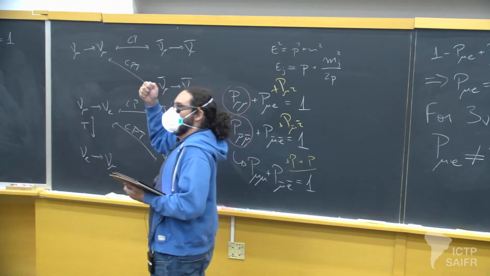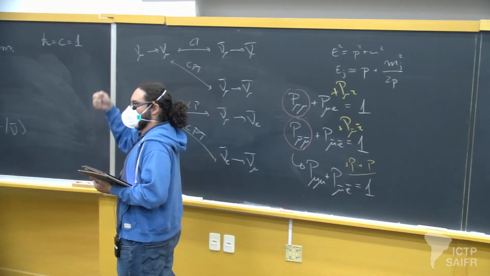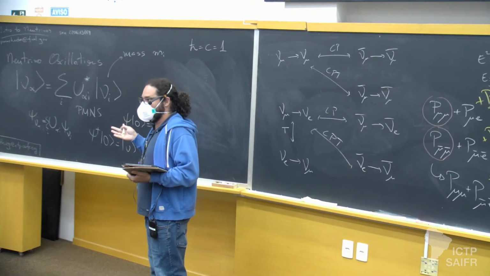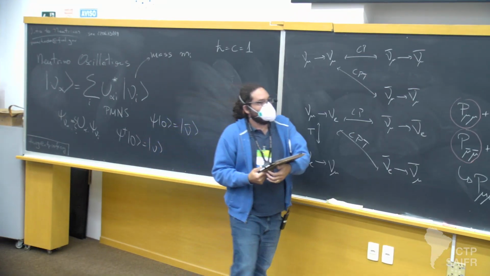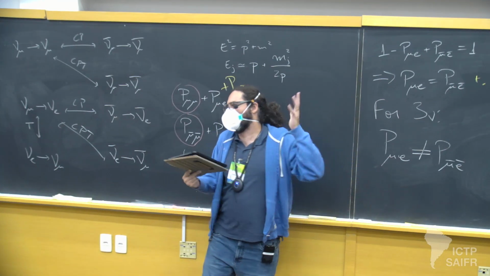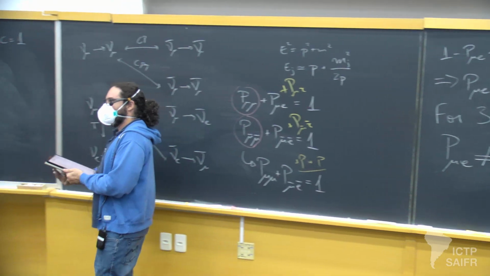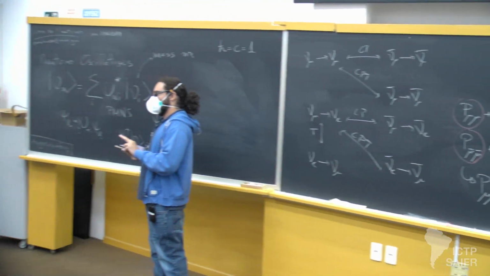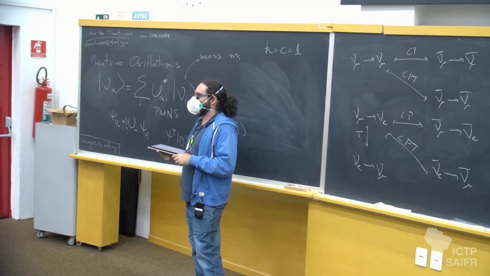You need to say, God told me that there is no CP violation, boom, that's it. But if there is CP violation, and in general there should be, these oscillation probabilities should be different for three neutrinos or more. So the point is, for two neutrinos, there cannot be CP violation. For more than two neutrinos, there can always be CP violation.